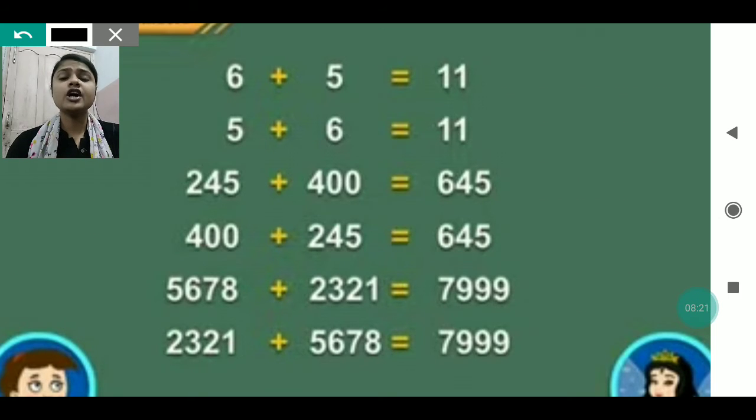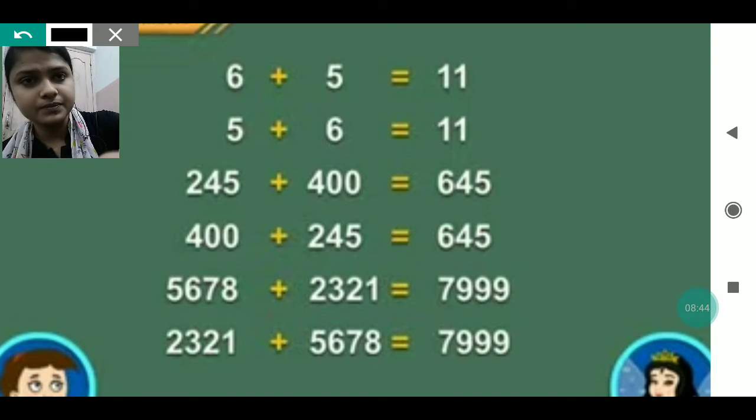In the same way, 2321 plus 5678 is equal to 7999. So, with all these examples, we have learned that if we change the order of the numbers, the answer is not going to be affected. We get the same answer when we change the order of the numbers.